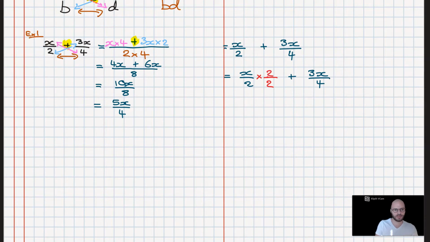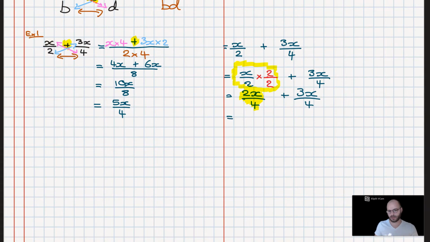So effectively what's occurred is we're multiplying x over 2 by 1, so 2 over 2 is 1, but we can change the form that it's in. So we're going to get 2x over 4. So the number's still the same, but rather it's in a different form.